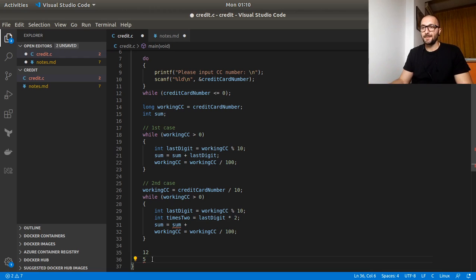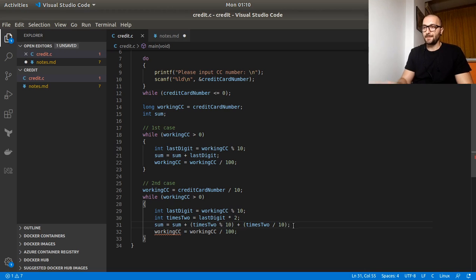Okay, so here we would have two cases, so times 2 modulo 10 for the last digit. We could do this in any order, of course, and then we can reuse this, and just divide it by 10.